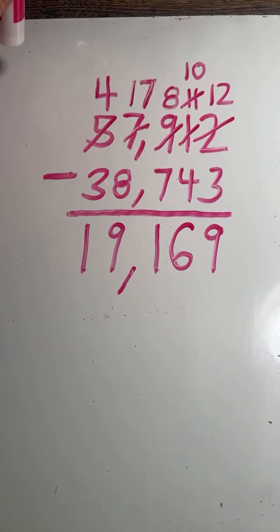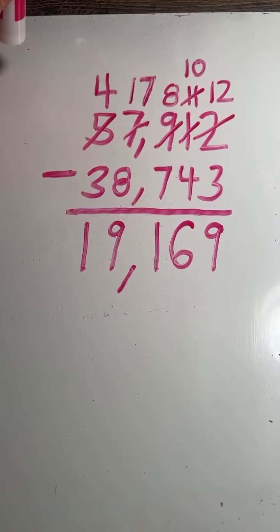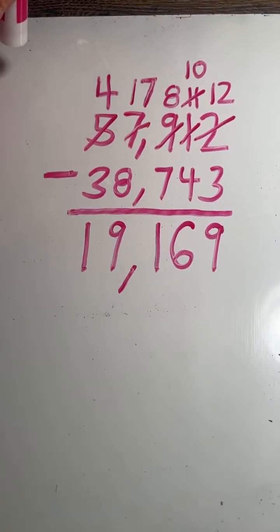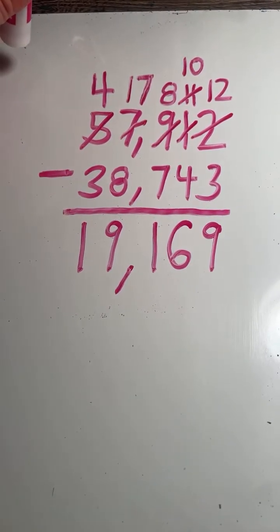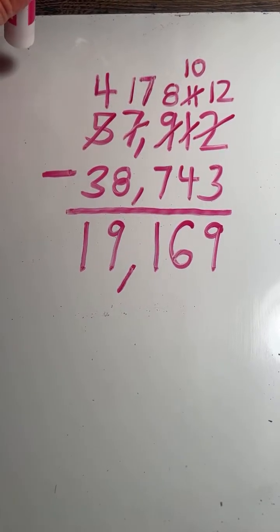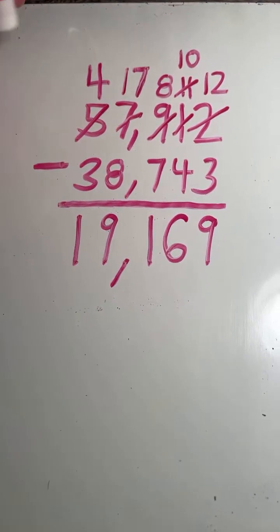And we have our final answer, 57,912 minus 38,743 equals 19,169.